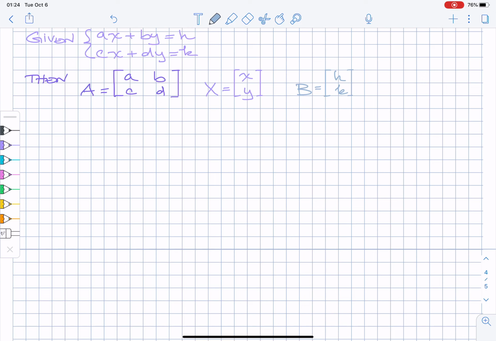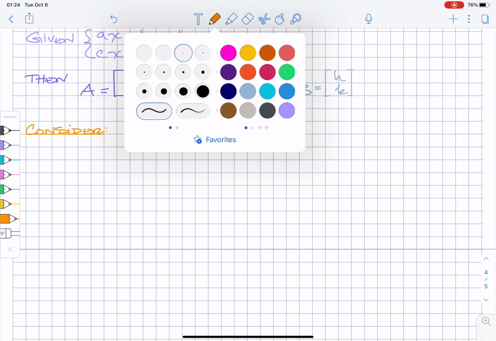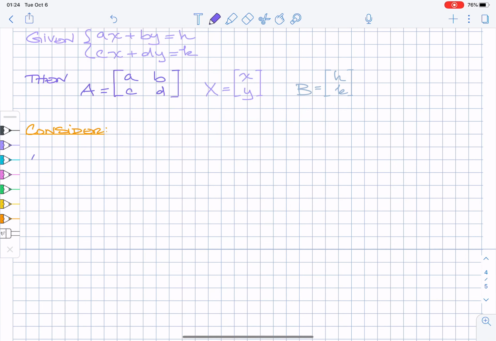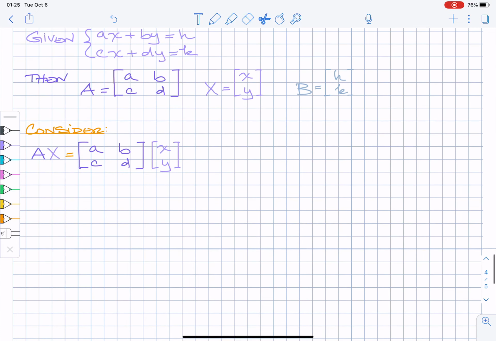Okay, so let's consider something. So if we were to multiply A times X in the above, we would get this matrix A, B, C, D times this matrix here. So that's a 2 by 2 times a 2 by 1, so that does work. And that gives us what matrix?